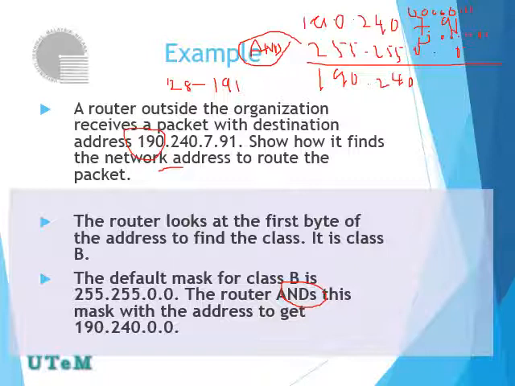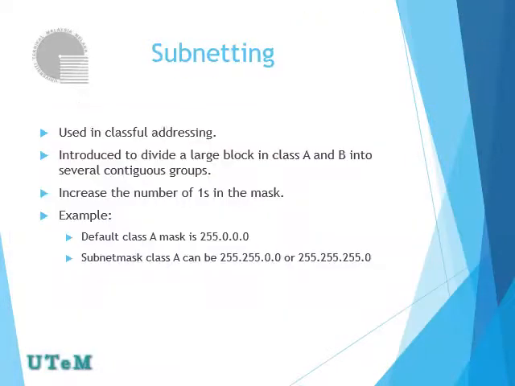You will get 0 over here and 0 over here. So you can identify the network address by using the AND operation with the default mask.